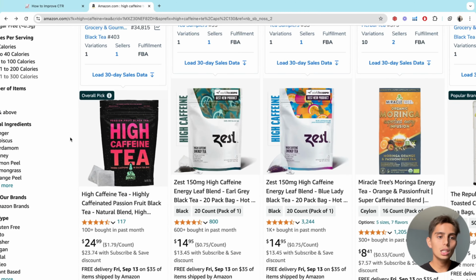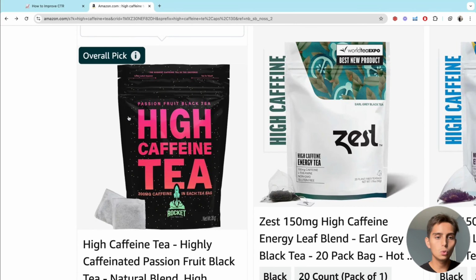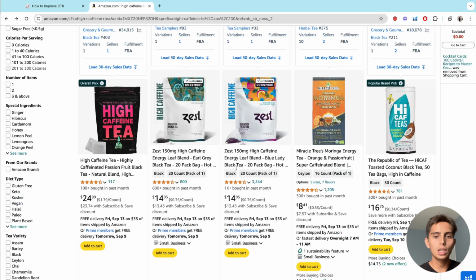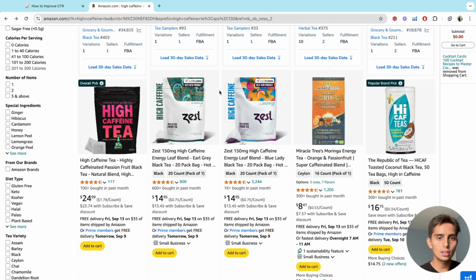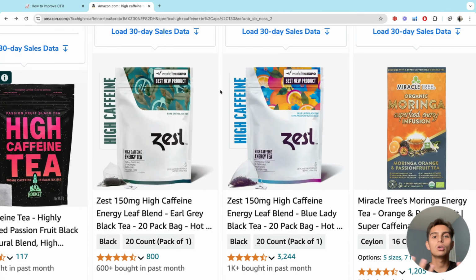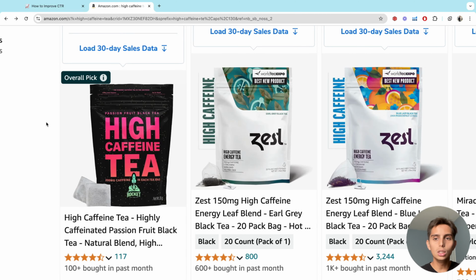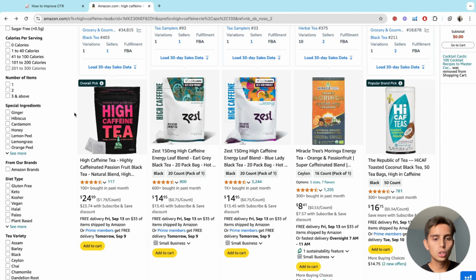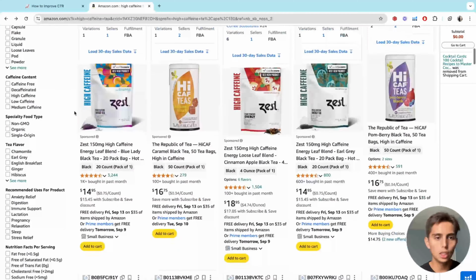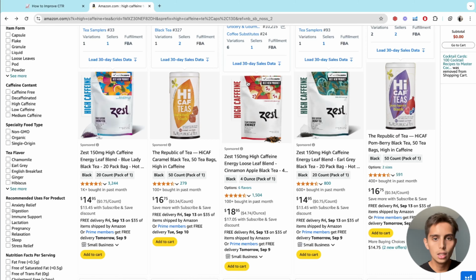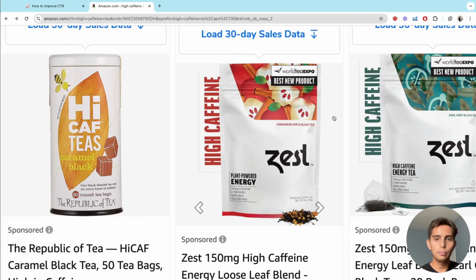Because imagine if the picture was just this big. Imagine if you have a picture that's trying to get as much space as possible. Obviously, that second image will get a higher CTR because it's what you're going to see first when you look up the keyword and see the image. Just like this one is doing a really good job.